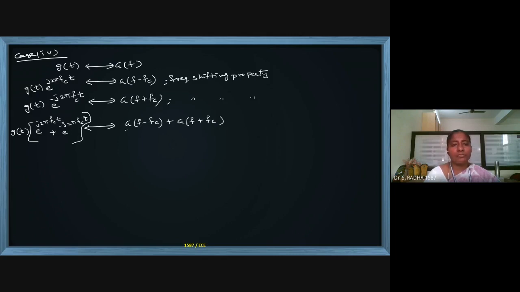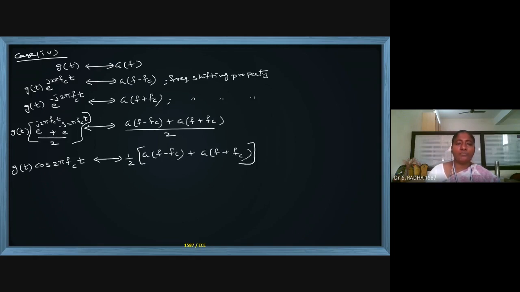If I put divided by 2 in the frequency domain, time domain also I can put divided by 2. Now already we know whatever is written in exponential on the left side can be written as cos 2 pi fct. So in the frequency domain, it is 1 by 2 G of f minus fc plus G of f plus fc.